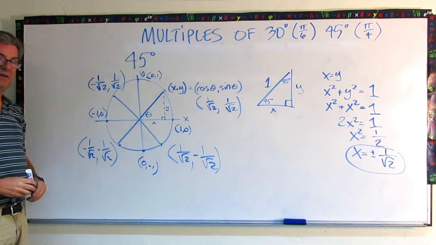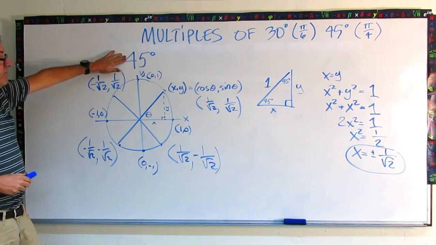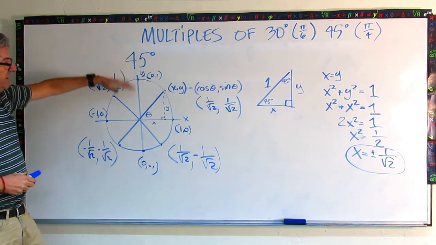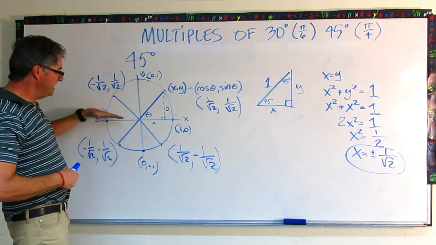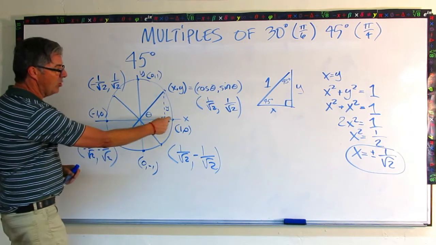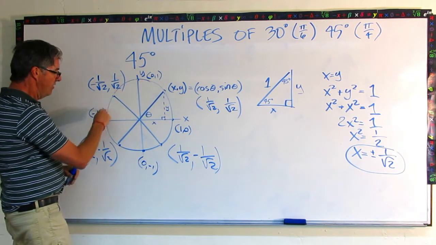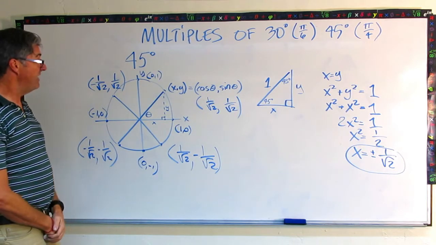Okay? So to summarize, we went around our unit circle in 45-degree angles with our theta 45, 90, 135, 180. We went all the way around in 45-degree increments, and we figured out the coordinates of all the points for all those different thetas, which are all divisible by 45. Okay?